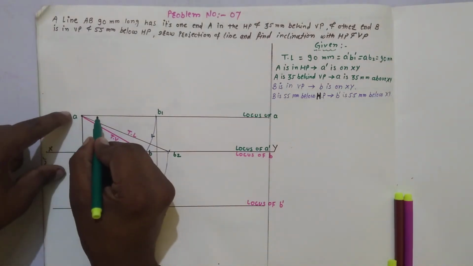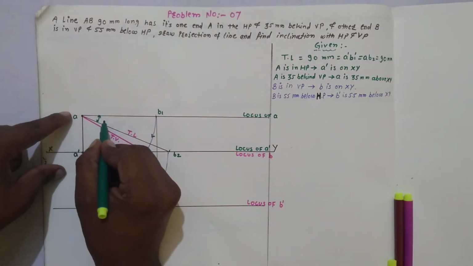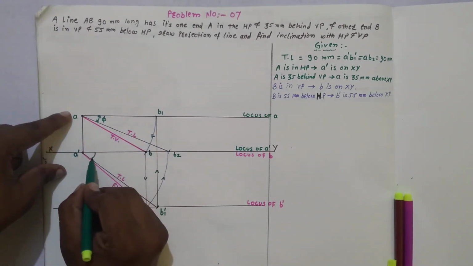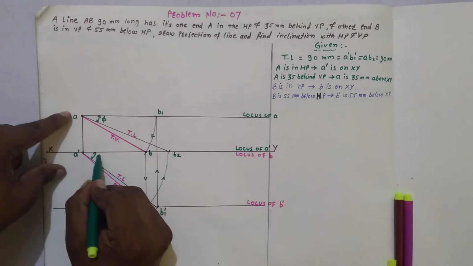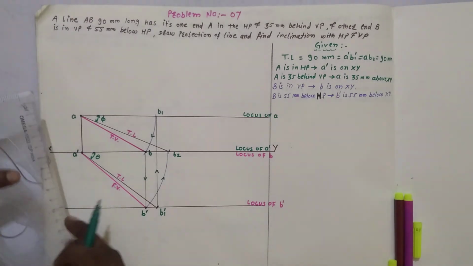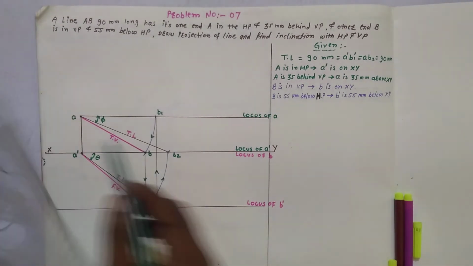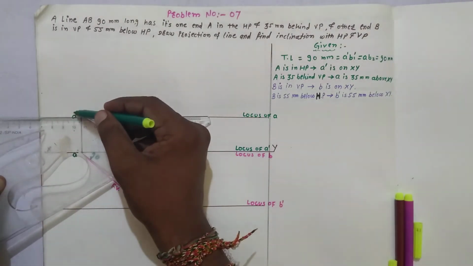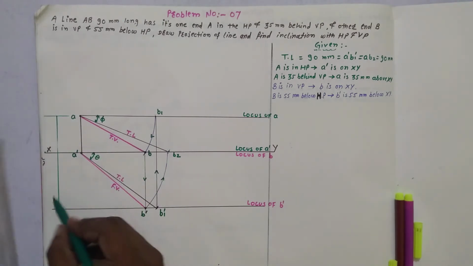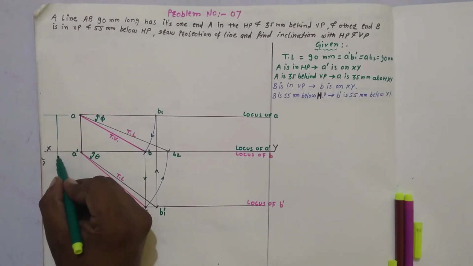This angle is your phi, the inclination with HP. This is the inclination with VP, this angle is theta. Now extend this line and draw one straight line here for dimension.